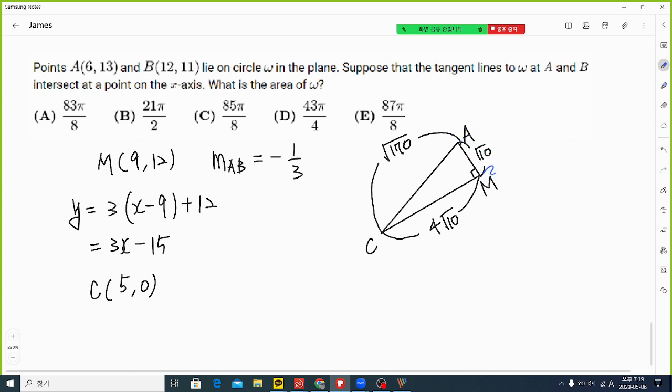And we can think of the center of the circle. If the center of the circle is O, because CA is a tangent line to circle O, this angle is also a right angle. It's perpendicular to the radius.